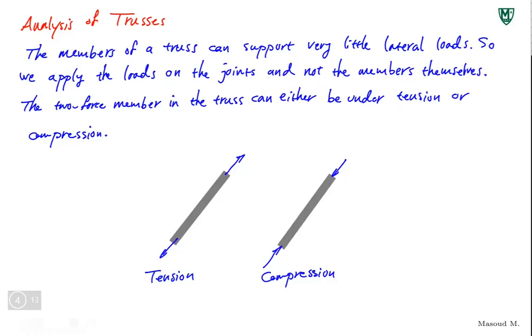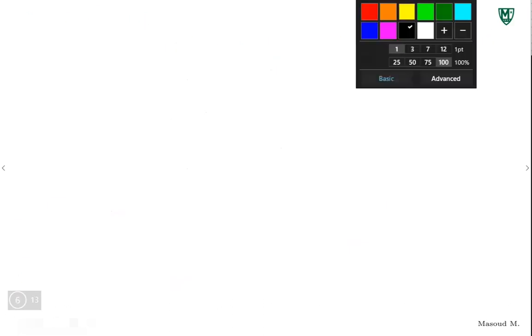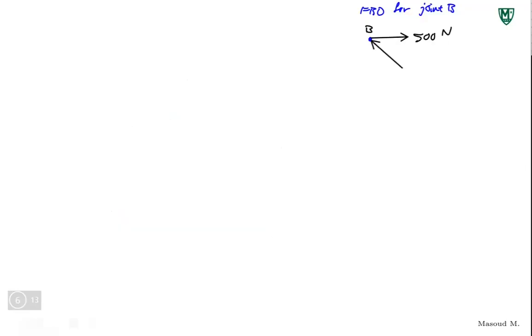Right? Think about the spring. When it's under compression, the spring is trying to push your hand back, or push whatever is trying to compress it back. So the force on point B should be in this direction, coming from member BC. Call this FBC.